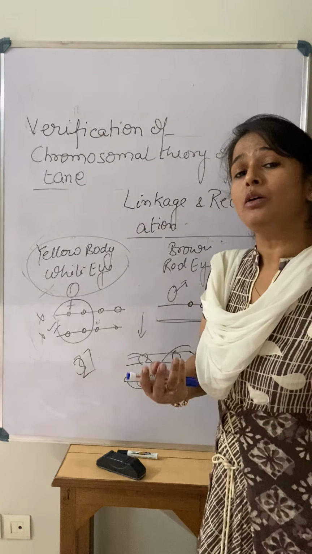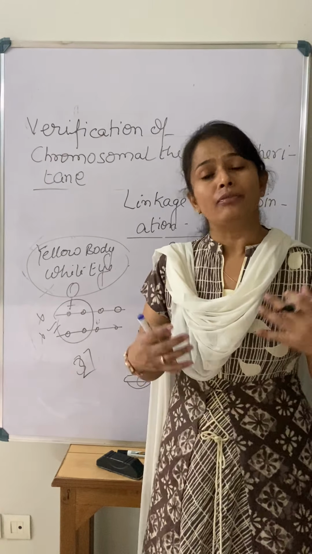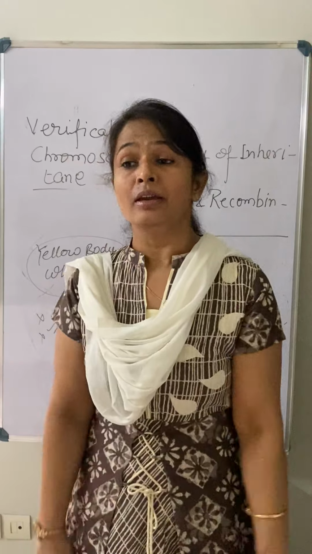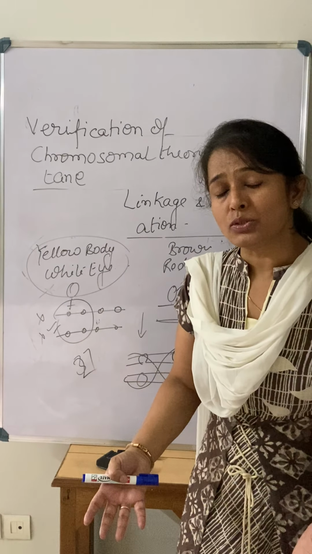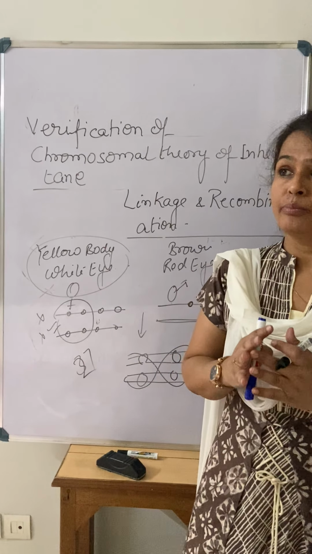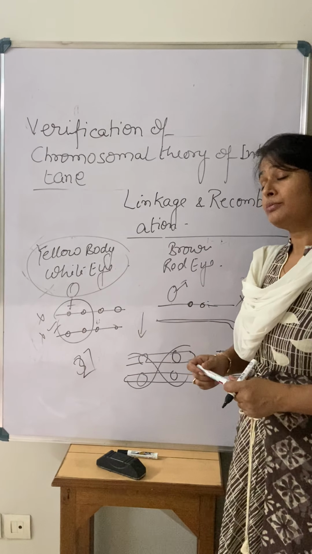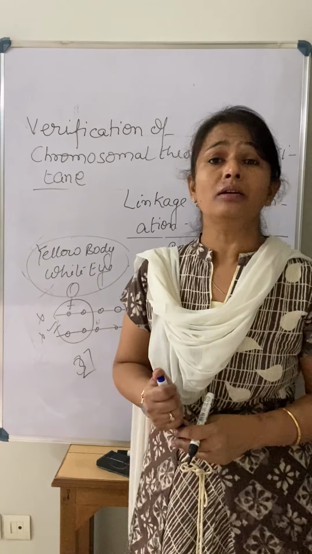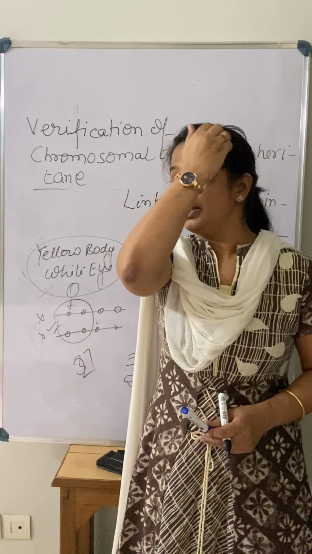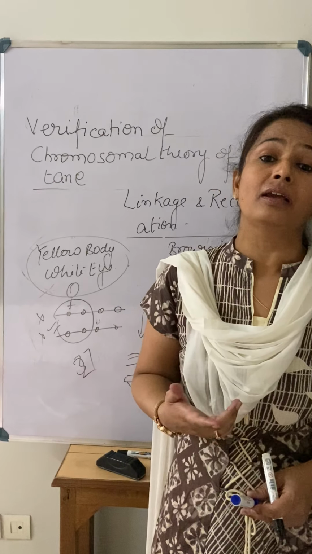When the parental combination passes as such to the F1 or F2 individual, we call it a parental combination, and the term we use for this is linkage. When a new character passes to the next generation, we call it recombination, due to the position of the genes. Another term we use is linkage group. The number of linkage groups is the number of haploid chromosomes present in an individual.